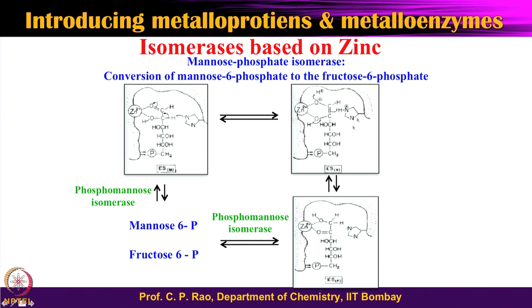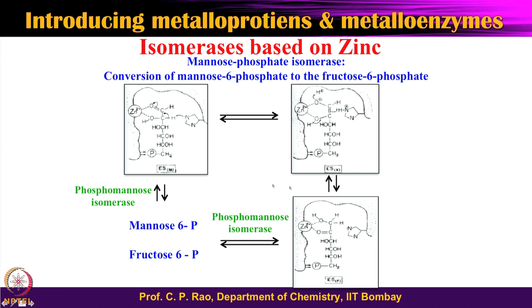The neighbor imidazole or histidine will trigger the reaction by the protonation, deprotonation steps, and this will form an intermediate, and then this enzyme will work on this mannose 6 phosphate or fructose 6 phosphate depending upon which direction you are going, and finally you get back to this.